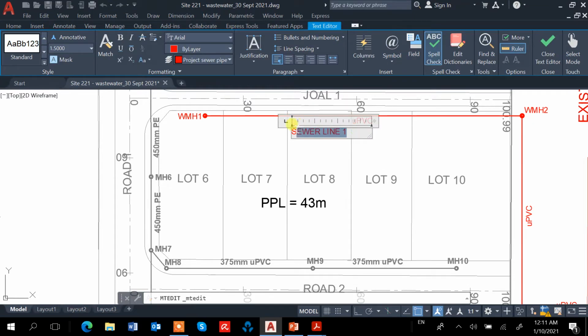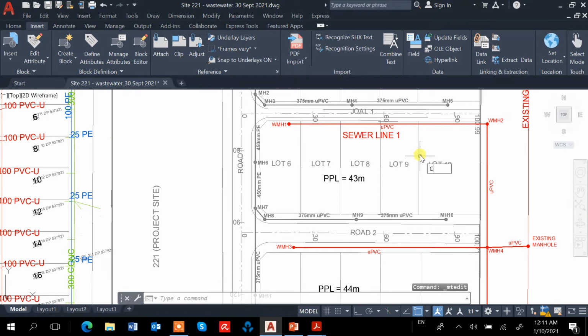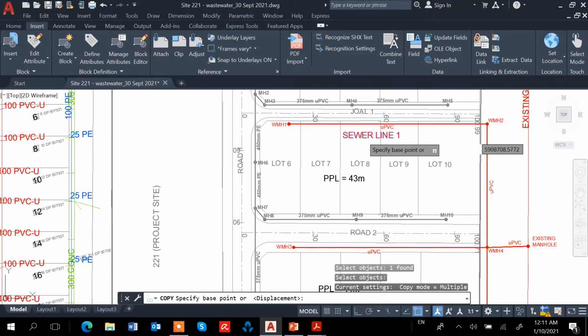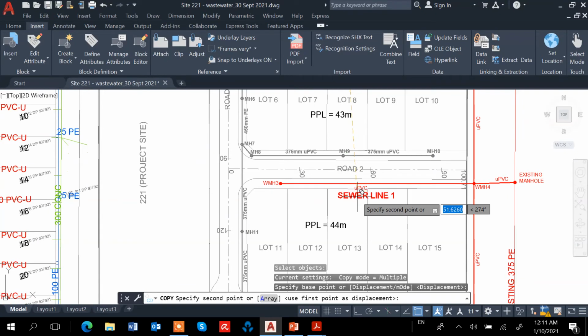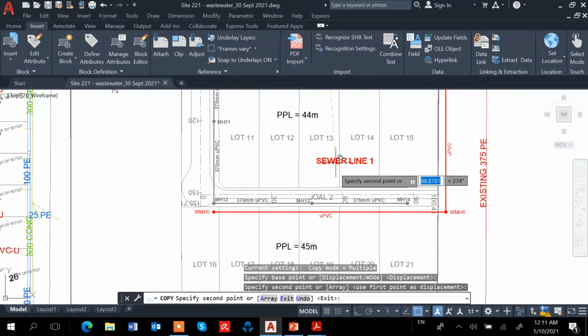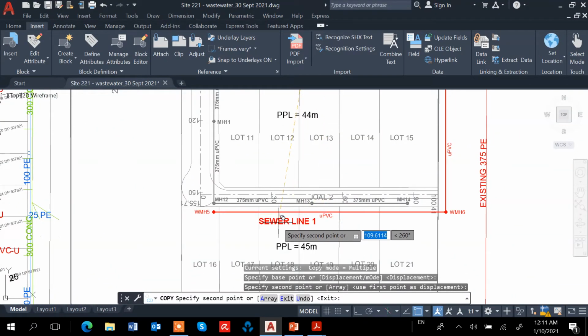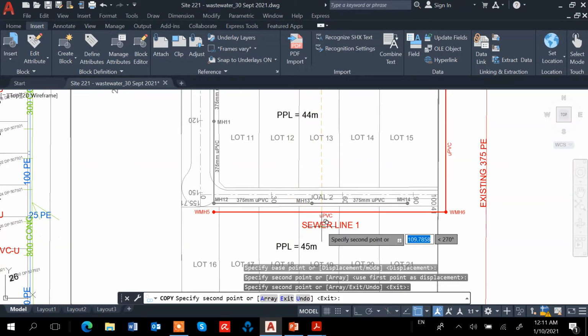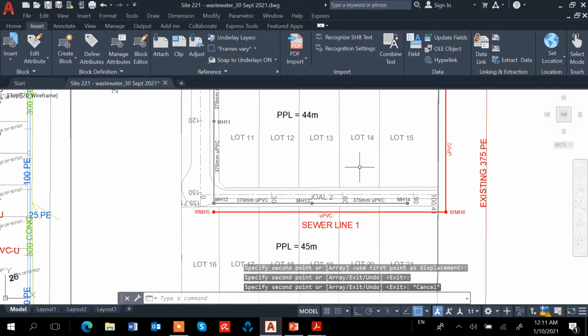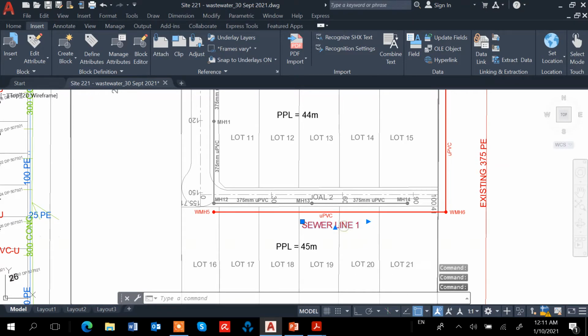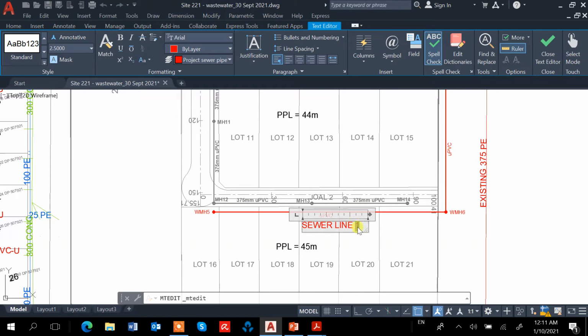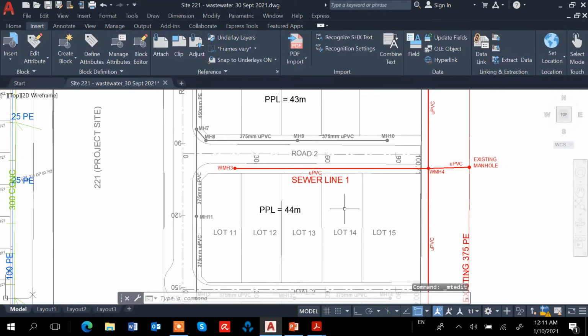I think I put it 2.5. So the top one is sewer line 1, and the middle I'm going to put sewer line 2, and the bottom I'm going to put sewer line 3. So this is the bottom one. I'm going to change to 3. The middle one I'm going to change to 2.